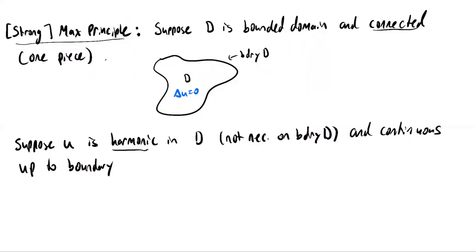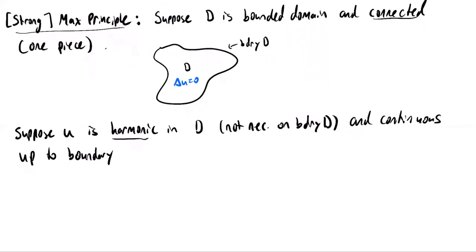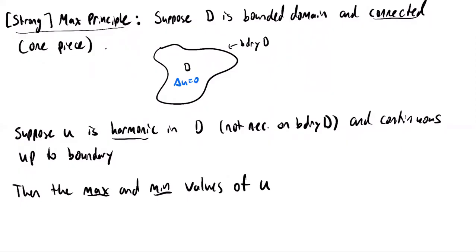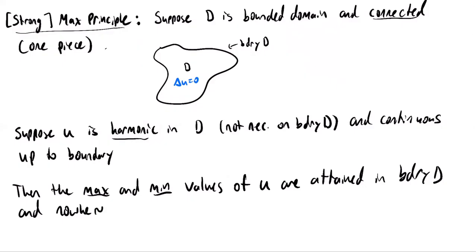Right, so these are the assumptions, and so what is the conclusion? The conclusion is that both the maximum and minimum values of the solution u, or of the harmonic function u, are attained on the boundary and nowhere else, except in one case: if u happens to be a constant function, then this will fail.